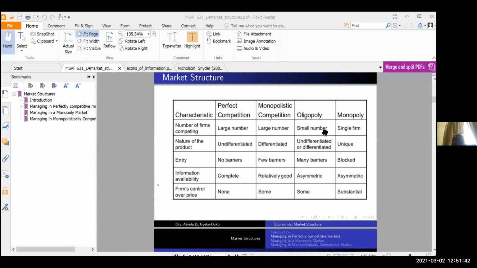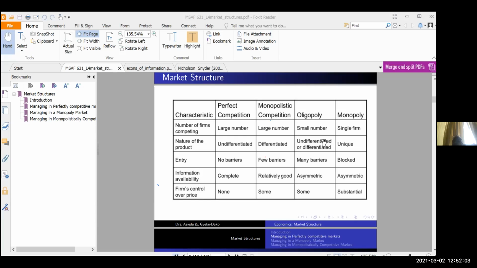So let me just go through oligopoly market. Jamal, you'll be the next person. So we discuss the airlines. So hold on. Oligopoly market is not a single firm; it's a small number of firms. In oligopoly market, the product can be undifferentiated or differentiated. It doesn't matter.